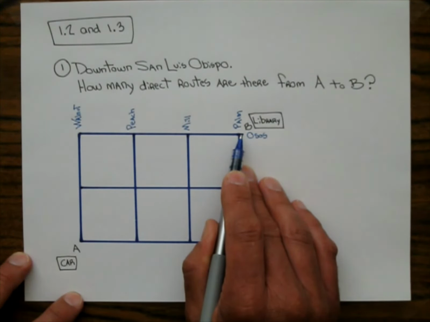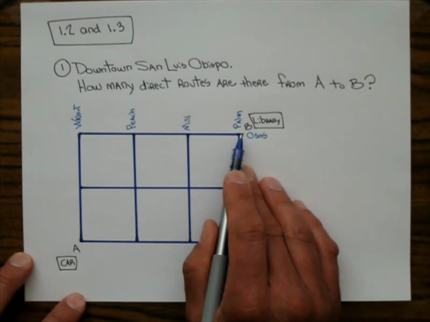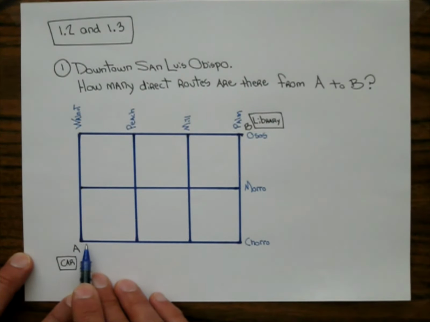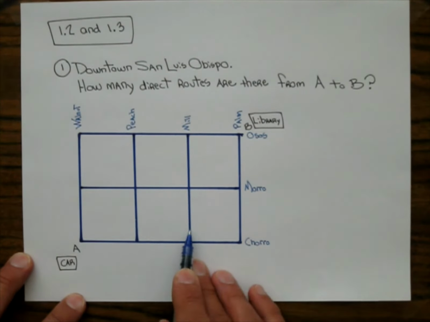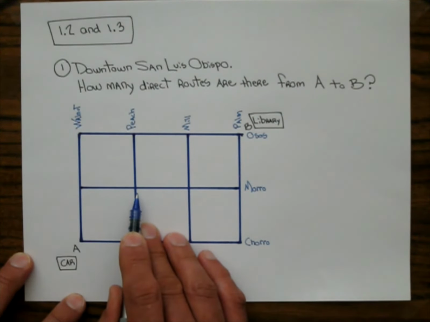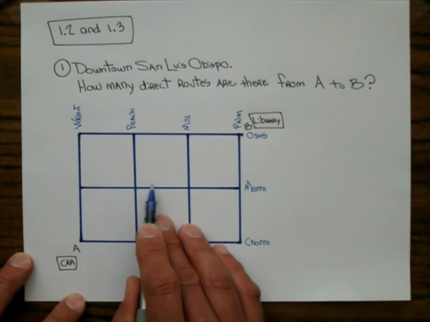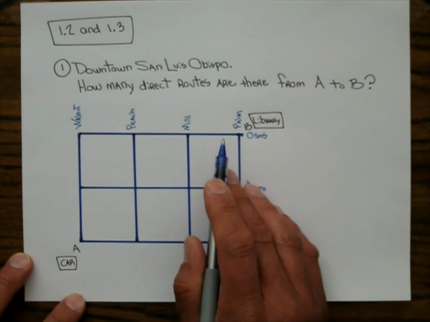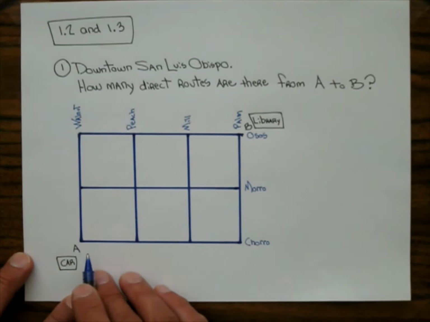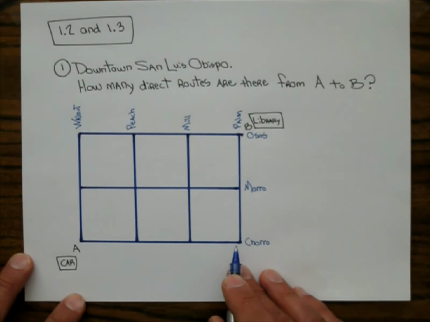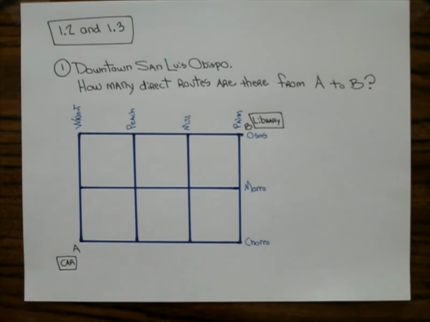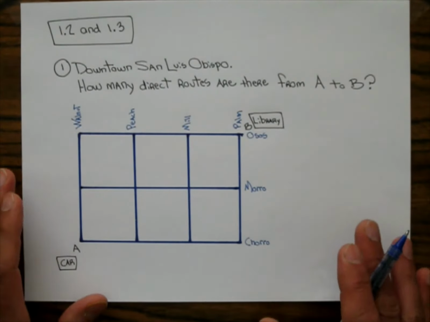That's a direct route. Something that is not a direct route would be to the right, up, to the left, up, to the right, down, because then you're just meandering. So for a direct route, you're only going to go to the right, and you're going to go up. And so that's what we're doing. Now we could say north and east if we want, but I'll just use up and right.